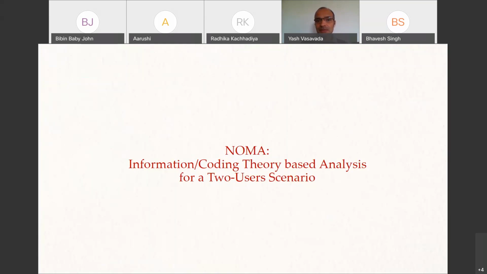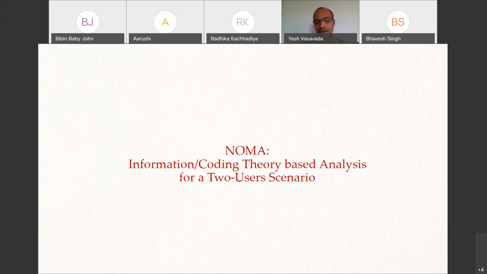It's a simplistic assumption, but with that assumption, the concept of NOMA becomes very clear. So that is the focus that we are going to have today.